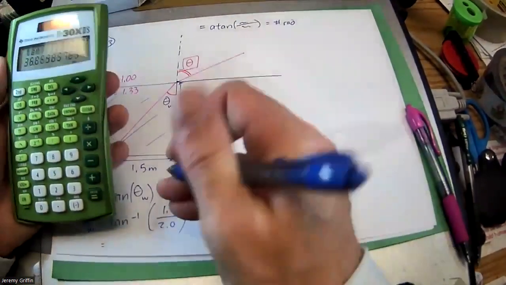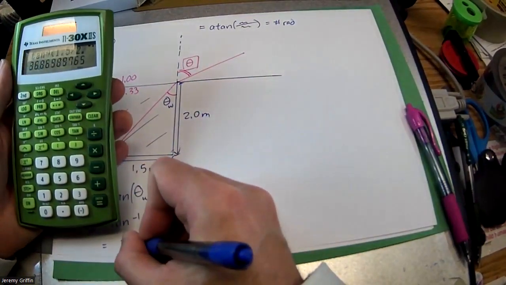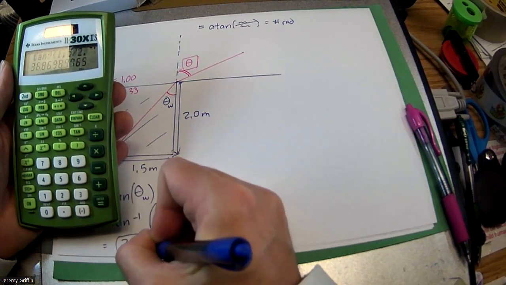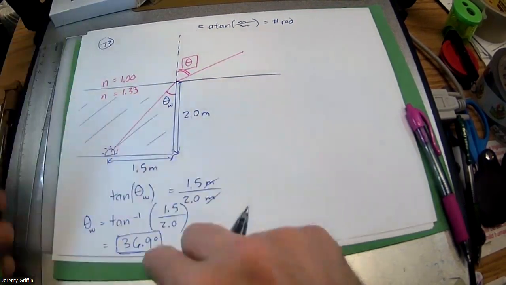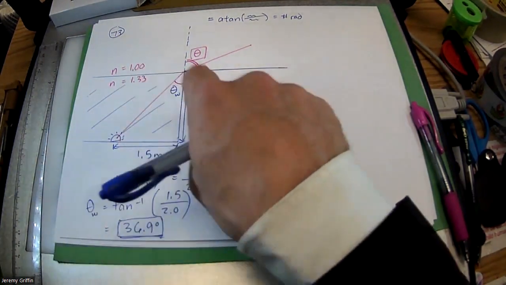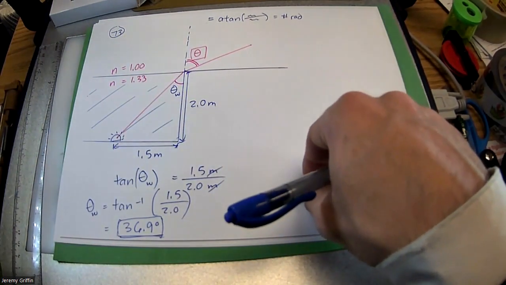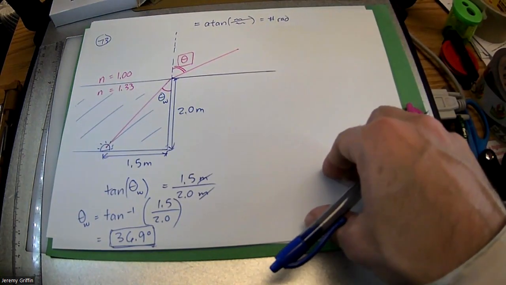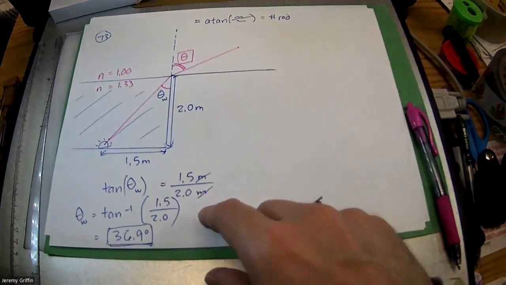We're doing degrees, and I'm getting 36.9 degrees. Oh, I can't believe I didn't notice this before. That is a super recognizable angle. Guys, this is a what triangle? That is a 3, 4, 5 triangle. I would slowly pick that up. That is a 3, 4, 5 right triangle right there.